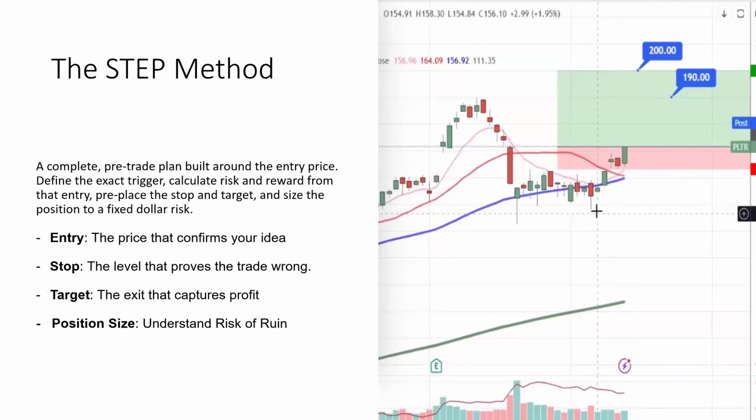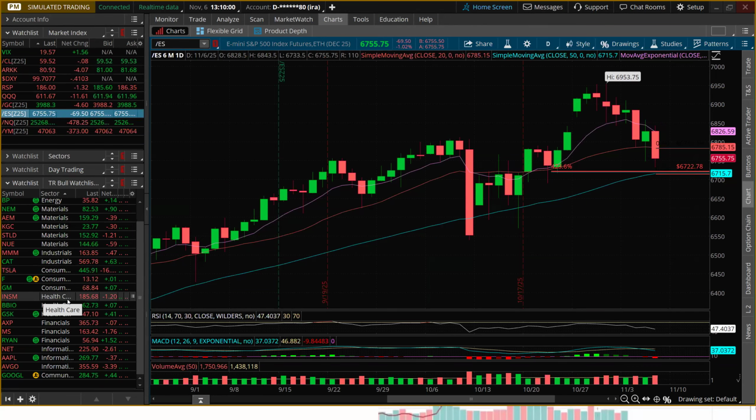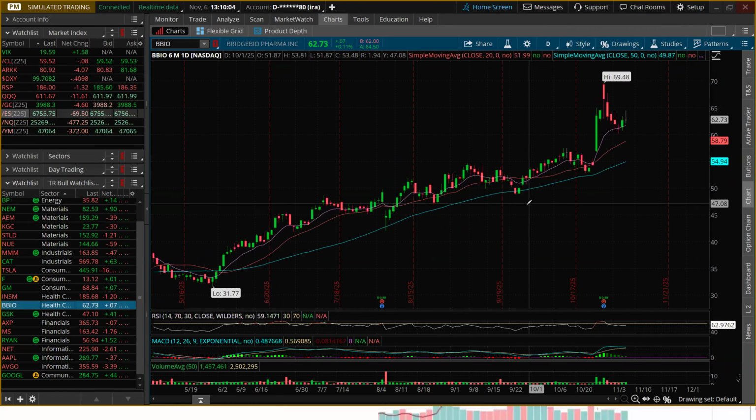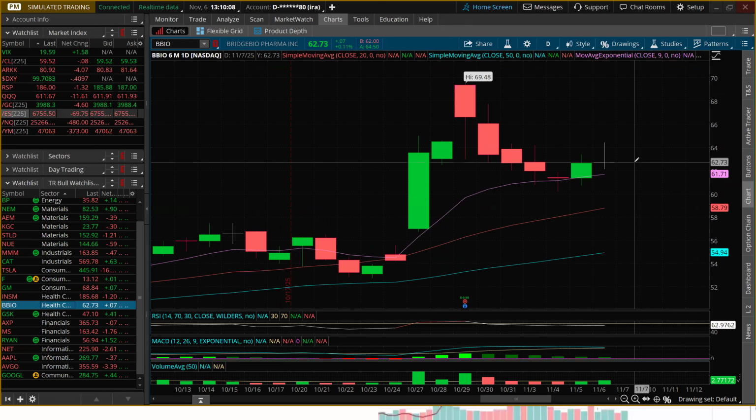And so for entry, most of the time when you're looking to enter into a stock, you're looking to enter at 5 to 10% of the ATR above the high. So if I'm looking at a stock, for example, let's go with Bridge Bio here. When I'm looking at this stock, the first thing I have to identify is where my entry is.